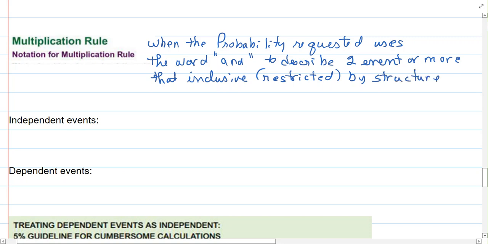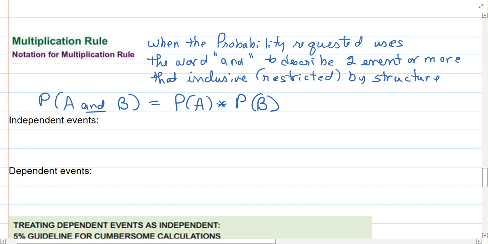So it's called the multiplication rule. The notation for multiplication is the probability of event A and event B, and that would give us the probability of A times the probability of B. So that condition is one of the ones that give us pause.